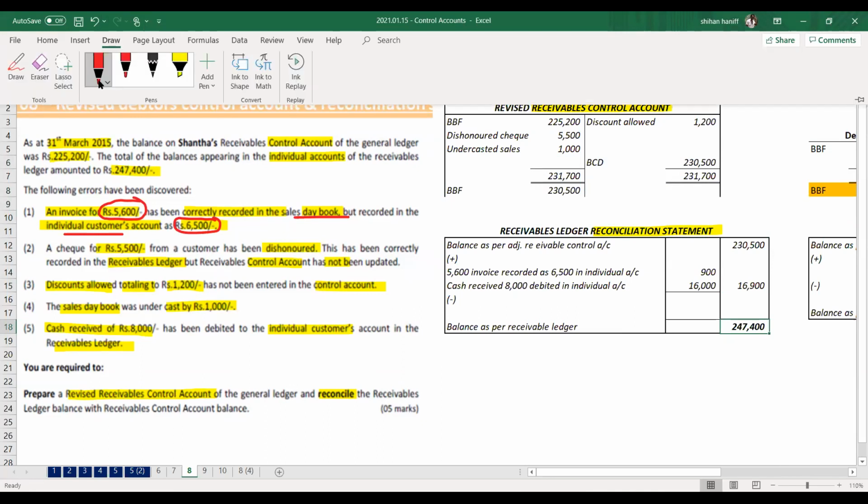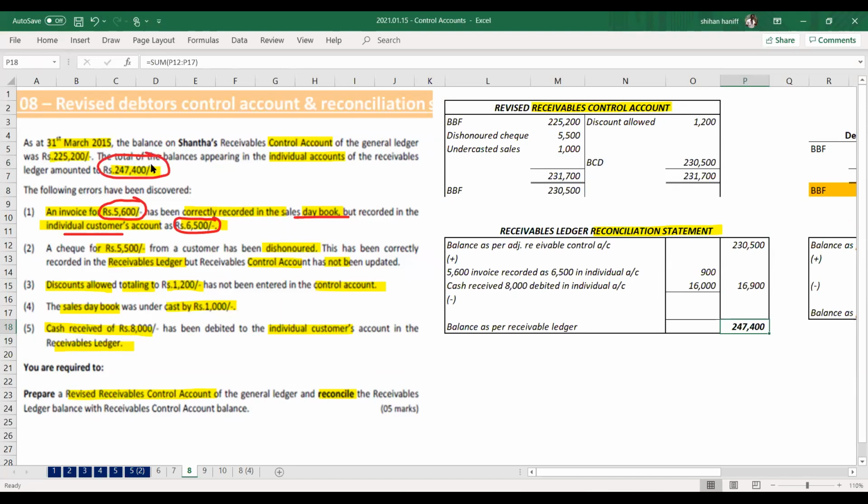So you should get this answer, 247,400. That should be the answer. Now we did the revised debtors control account and debtors reconciliation statement.